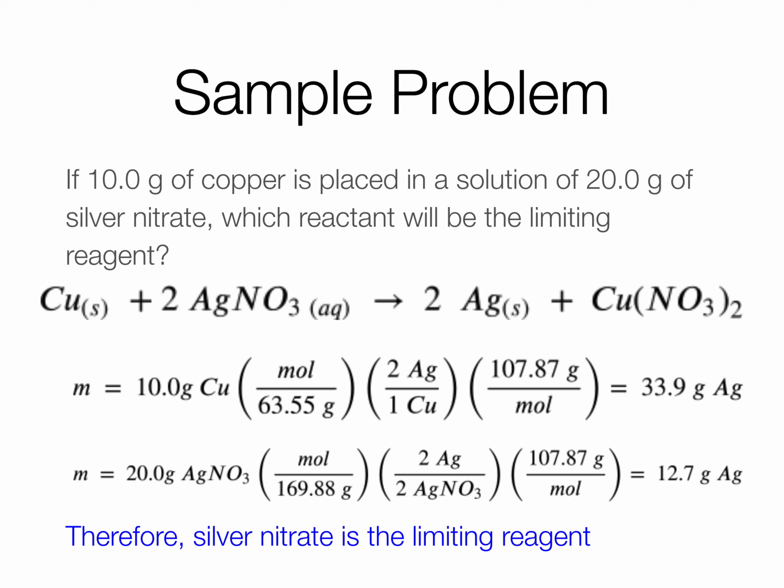You are going to get less than half the silver produced out of that silver nitrate than you will out of the copper. So that means that our silver nitrate has to be our limiting reagent for this reaction because we're producing less silver from the silver nitrate than we could produce from the copper.